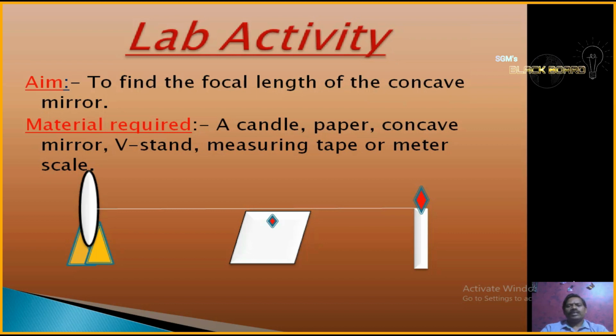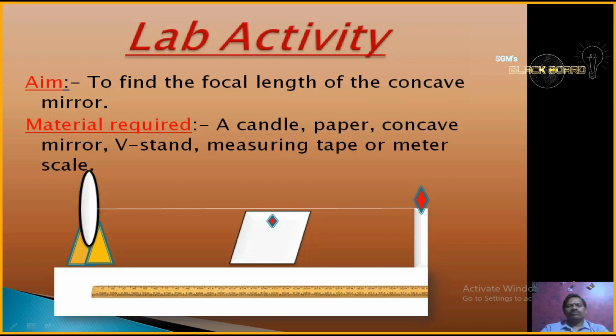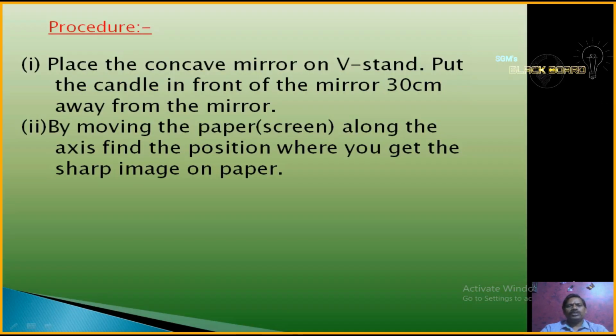We need to adjust the screen to get a sharp image, and after that find the distance of the object and the distance of the image using the scale. So this activity we did. Now these things you should write as the procedure.